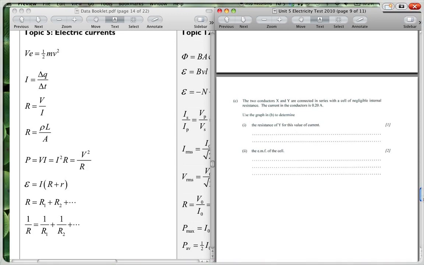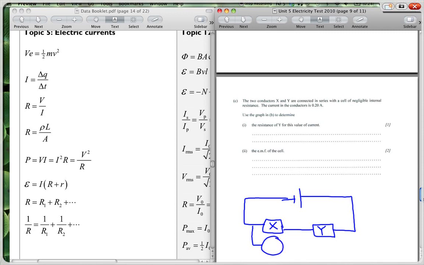We've got a cell, and it's in series with this X and Y. Remember, the potential difference here for my X was equal to 5 volts, and for my Y was equal to 2.5 volts. And we have got a current of 0.2 amps.